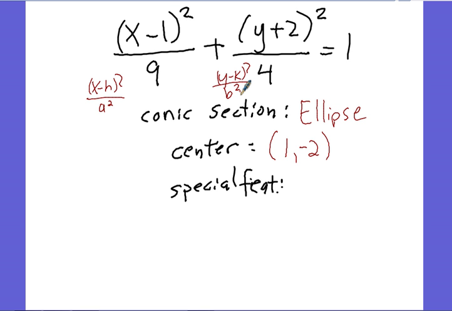So A is how much? 3. So A is 3, and B is 2. Remember, A represents the horizontal axis, and B represents the vertical axis. So could you tell me, is this long or tall?